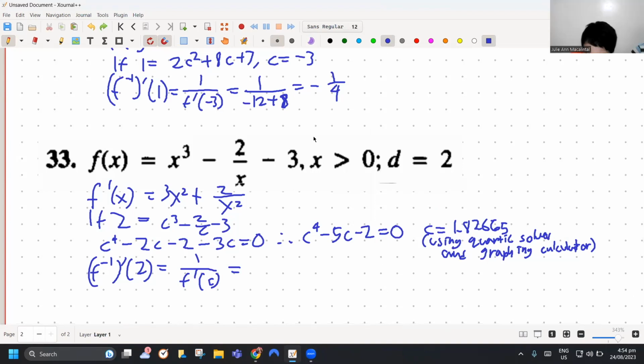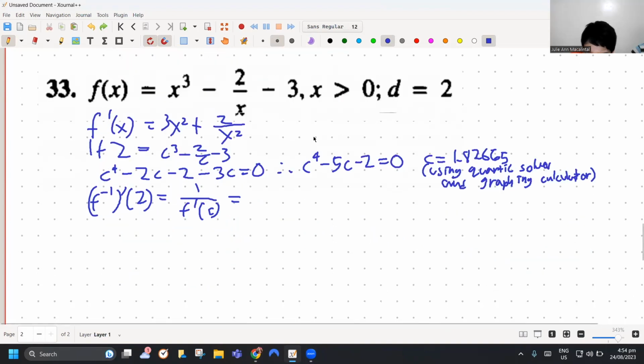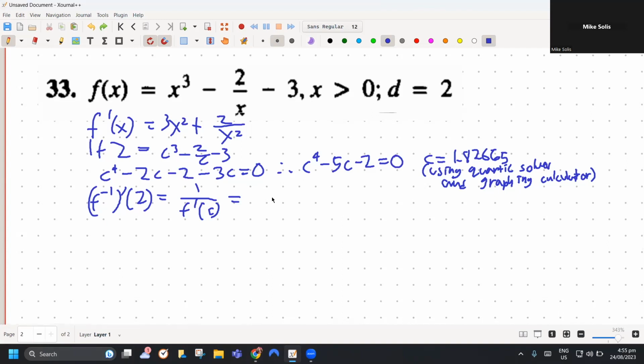Kasi in the end po naman, parang pixelated naman po yung mga Texas Instruments. Meron ba siyang algorithm inside of it na paano nila nakukuha yung mga exact roots? Hindi siya exact. Numerical approximation siya. Tapos, ang ginagawa ng Desmos, gagawa siya ng table of values and then pa-plot niya point by point. And then, may rule siya for connecting the dots.